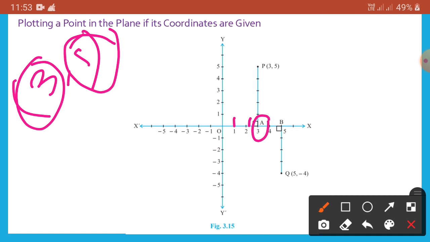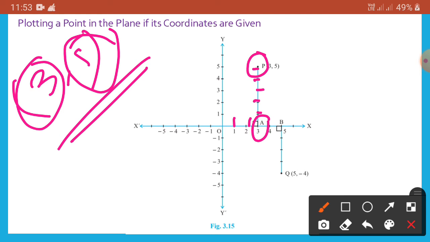Now starting from A, we move in the positive direction of the y-axis, count 5 units and mark the corresponding point as P. 1, 2, 3, 4, 5. Hence P is the position of the point. Note that P lies in the first quadrant since both coordinates of P are positive. So it is 3, 5.